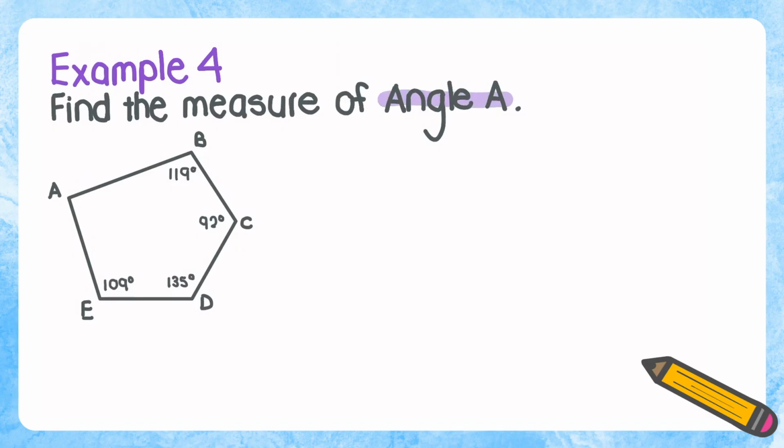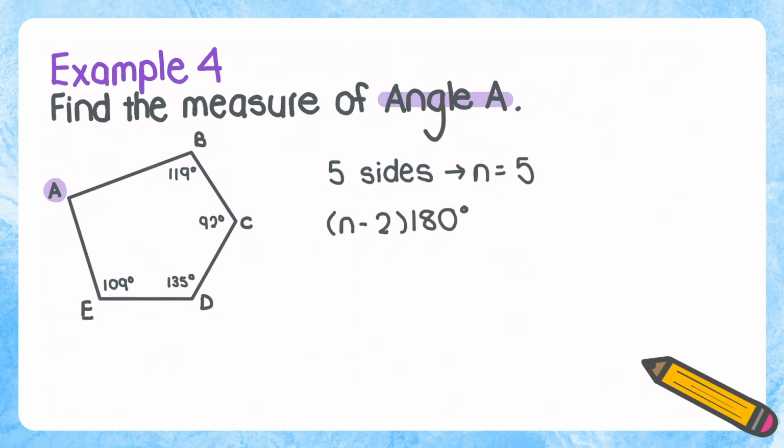We are asked to find the measure of angle A. Notice here I have a pentagon. It's a polygon with 5 sides. And so let's start off by finding the sum of interior angles of a pentagon. So we're going to set n equal to 5. Let's set up our formula, n minus 2 times 180 degrees.